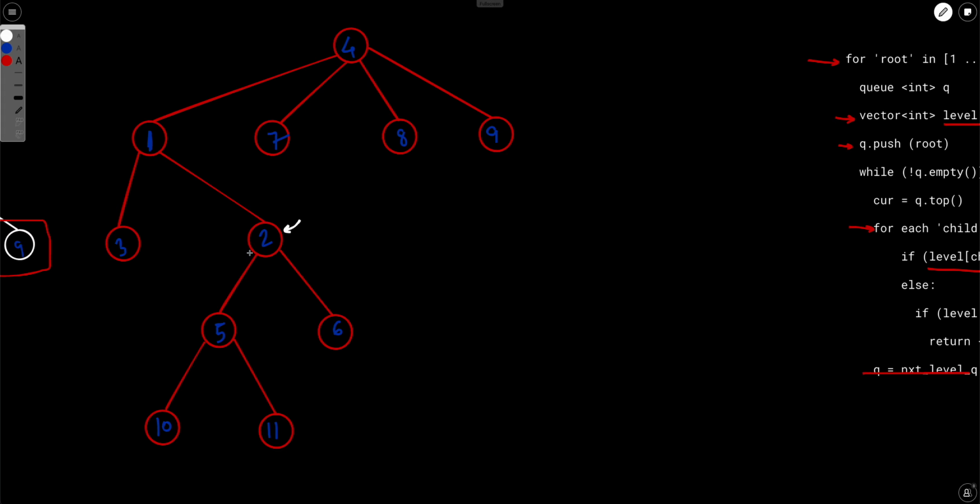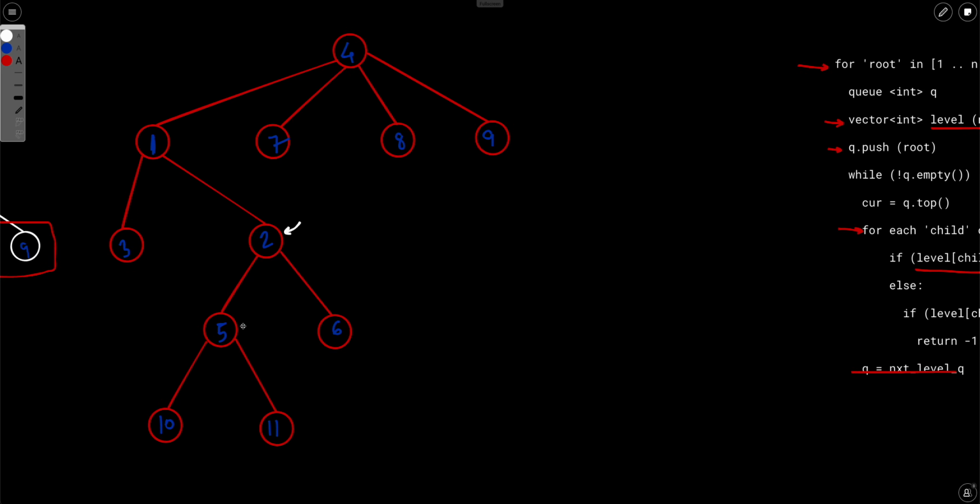Now let's say there is an edge like 2 to 5, right? Let's change the example first.